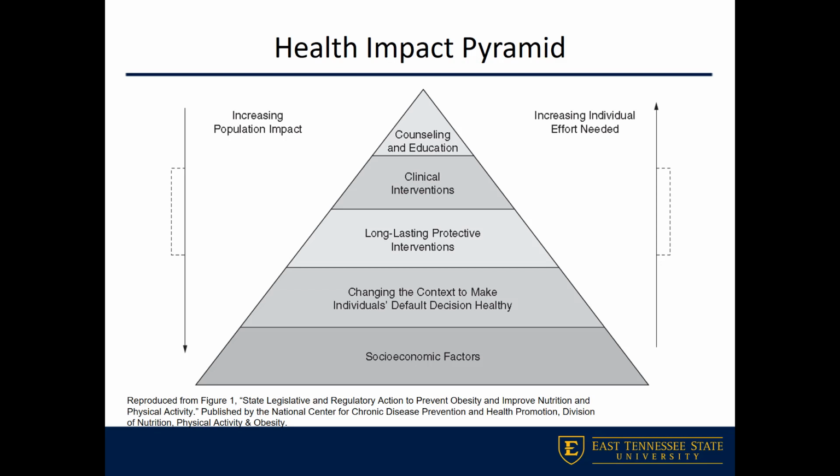So it's very different to do interventions around long-lasting protective measures such as vaccination, where you just have to get someone to go in and get vaccinated one time and you can make a big difference, versus changing someone's diet, and that's an ongoing effort that someone has to do.